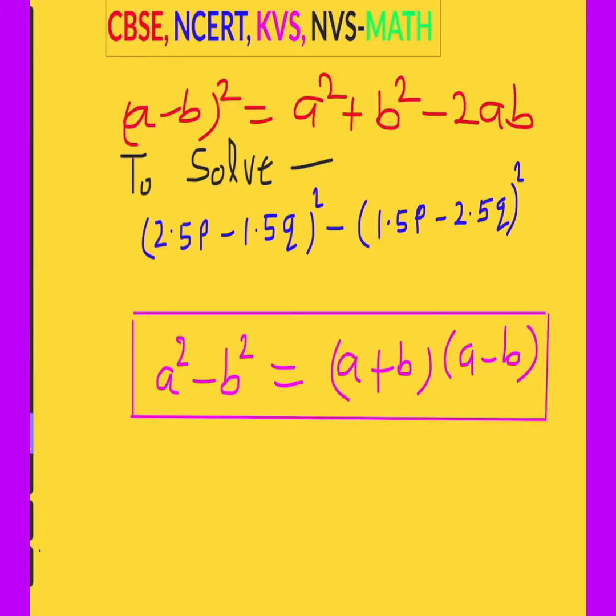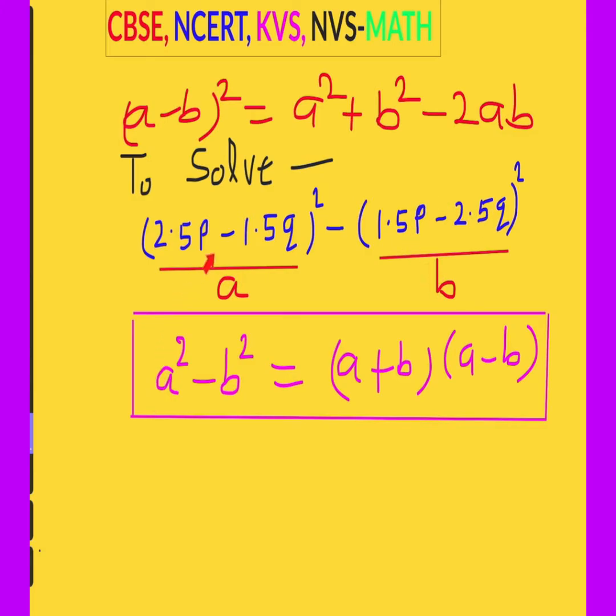Otherwise we will take this one as a and this one as b. Try to understand. Let the whole part of this be a and the whole part of this be b.